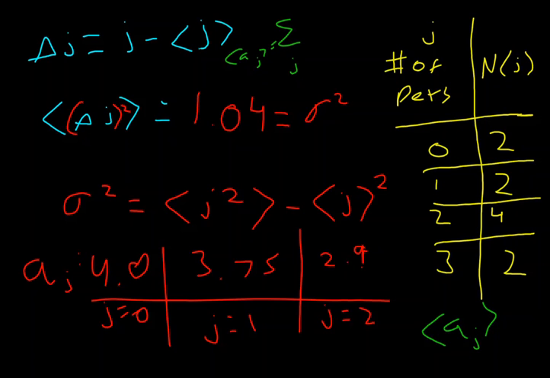The expectation value of a sub j would be the sum over all possible values of j, of a sub j times p sub j. It's saying a sub j is the jth response, and p sub j is the probability of the jth response.